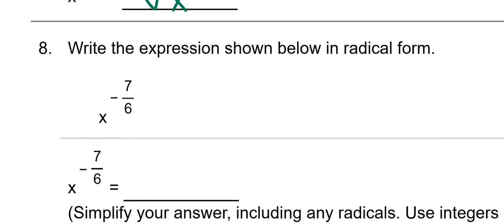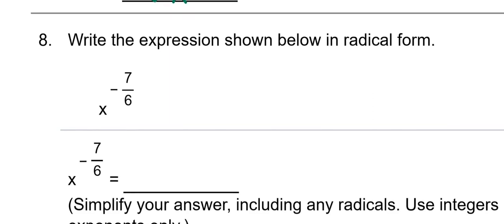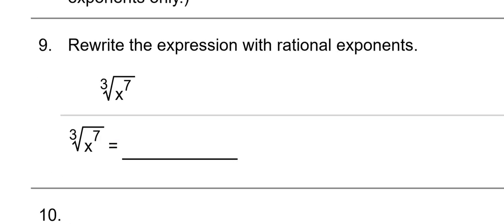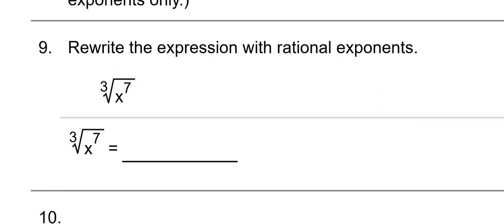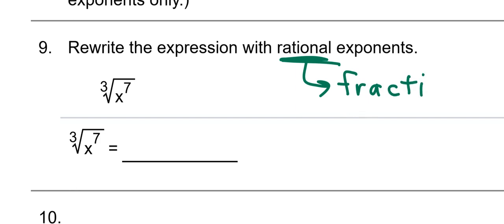All right. Let's go to question 9. What's another word for rational numbers? Fractional. If you can write a number as a fraction, then it is a rational number. So they're asking me to rewrite this expression, and I better have a fractional exponent when I'm done.